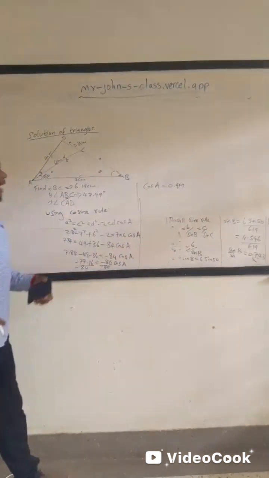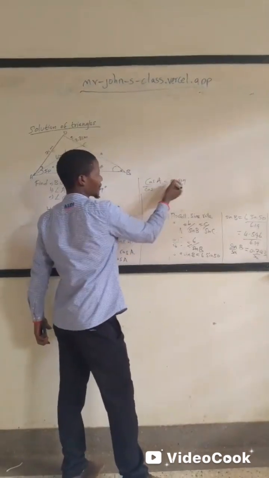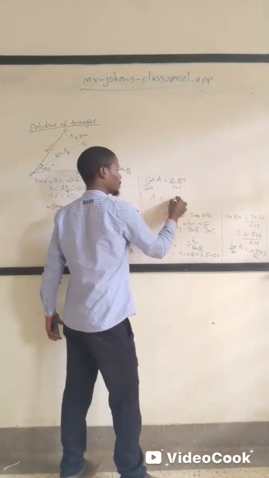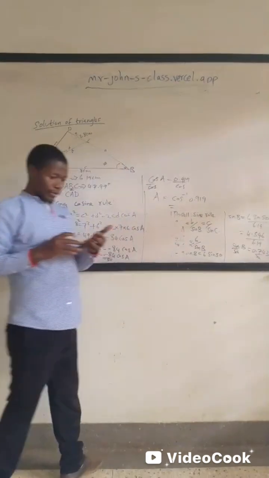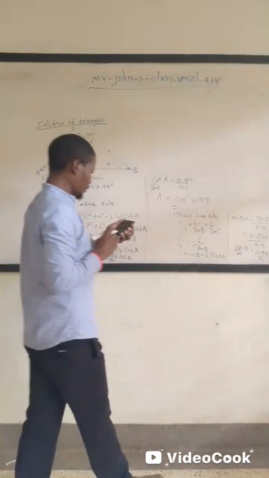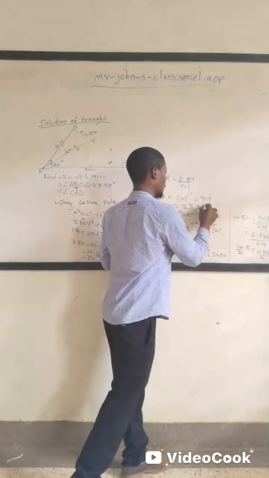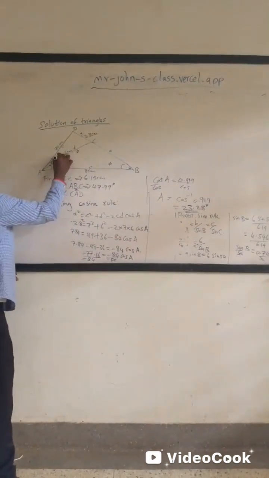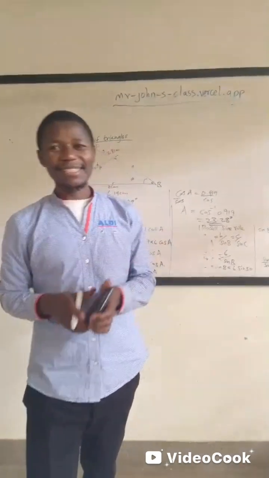So we want to get the angle. We divide by the cosine, so angle A should be equal to cos inverse of 0.919. We get shift cos of that, 23.28 degrees. So this angle is 23.28 degrees. Unless there's anybody with a burning question, that is the way forward. Thank you.